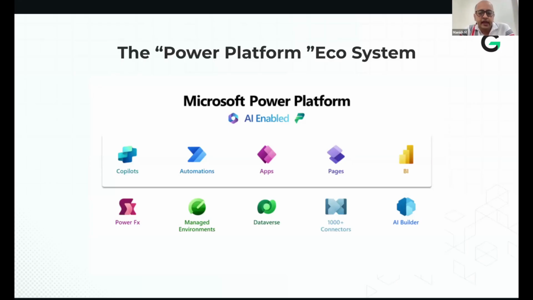And the last thing is AI Builder. AI Builder is a way through which you can build AI powered apps. If I have a text based document and I have to get a summary of it, AI Builder is the underlying AI engine in Power Platform which gives you those capabilities. If I have to understand some patterns, AI Builder has a pattern recognition module inside it.